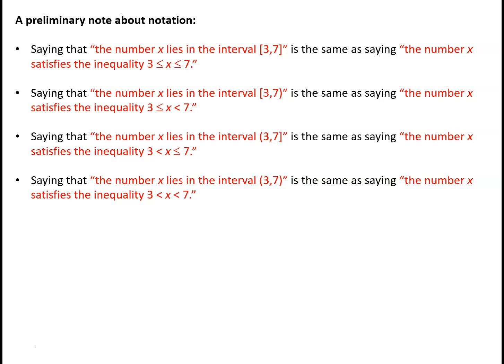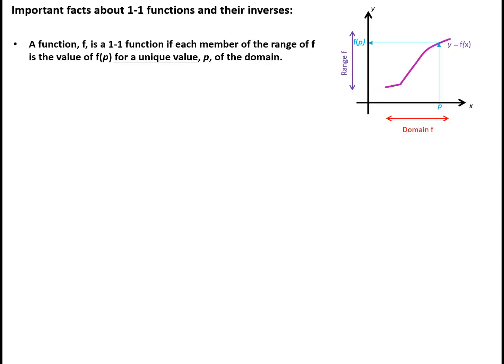The second thing we need to do before we get onto the main bulk of the video is remember some important facts about one-to-one functions and their inverses. A function f is a one-to-one function if each member of the range of f is the value of f of p for a unique value p of the domain.